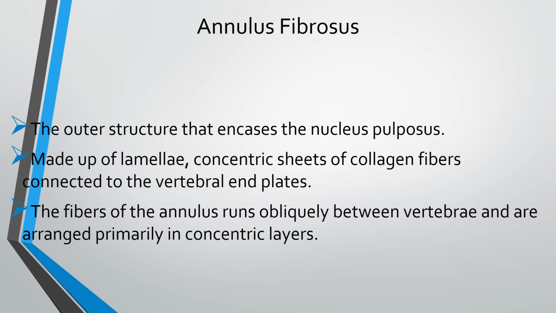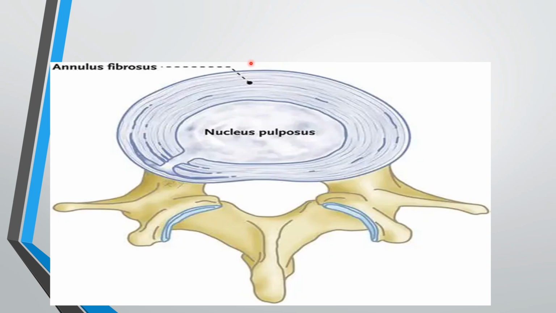The fibers of the annulus run obliquely between vertebrae and are arranged primarily in concentric layers. So here's the annulus, which is the outer layer, surrounding the inner layer, which is the nucleus pulposus.